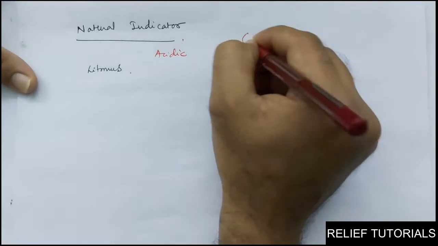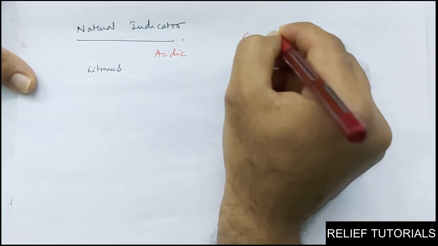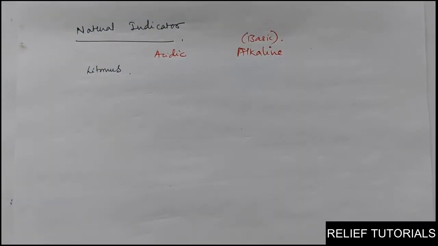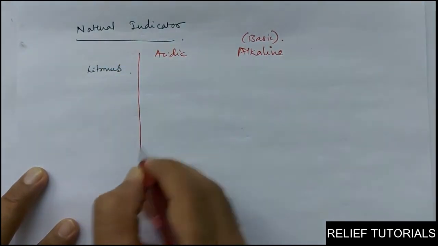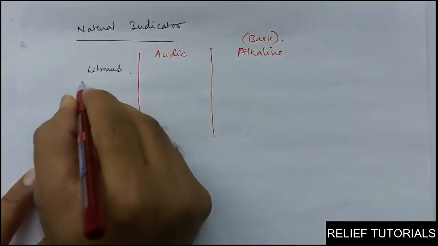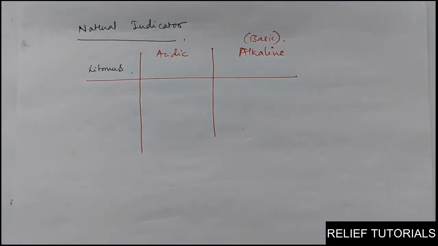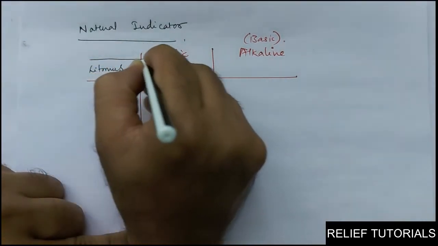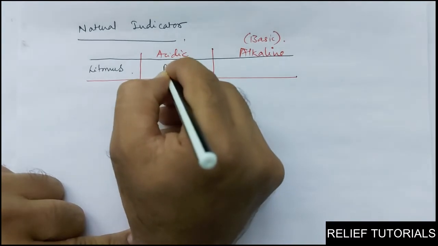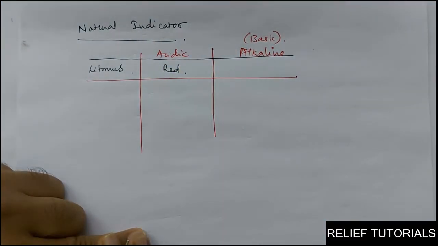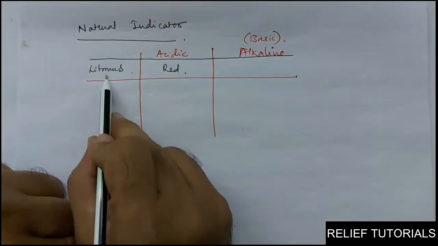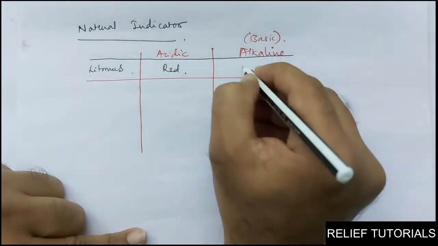Alkaline means basic. So what will be the color of litmus in basic and in acidic? Let us make a table for them. Litmus in acidic medium turns to red, and in basic it turns to blue.